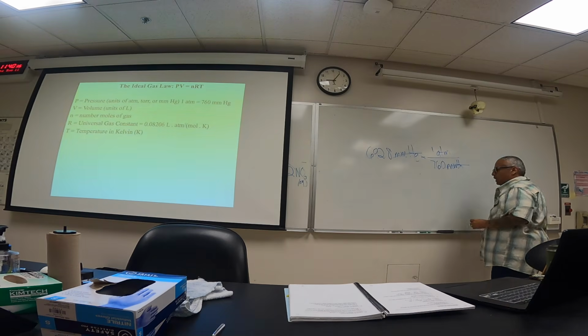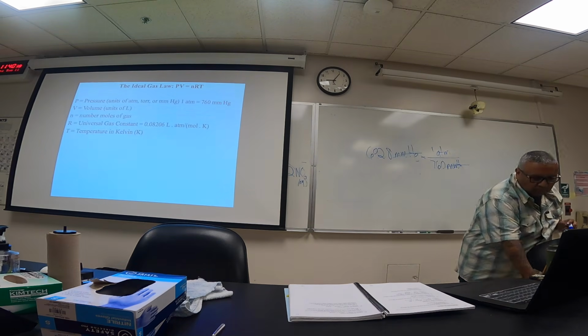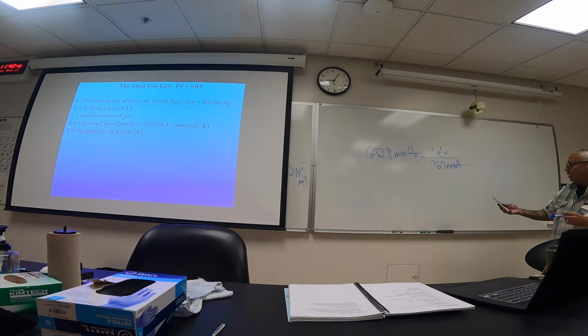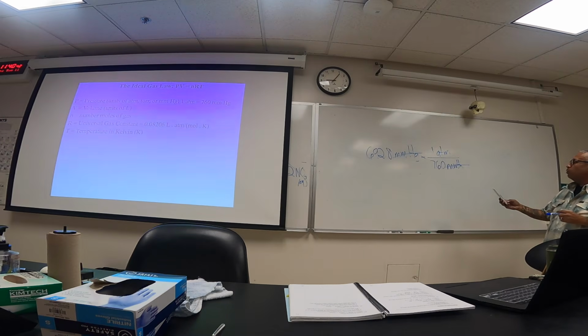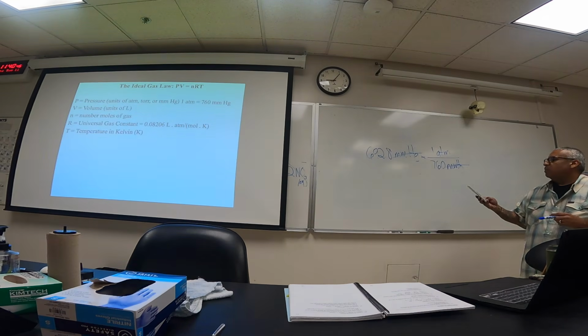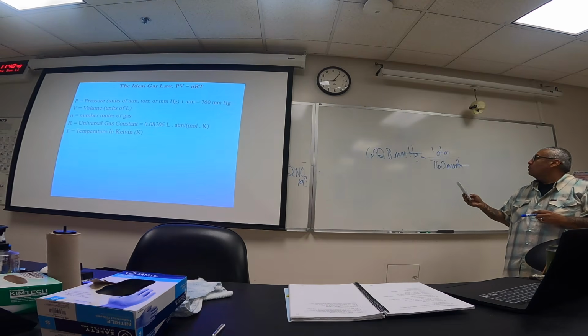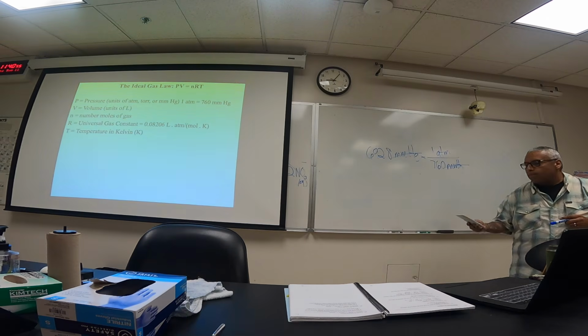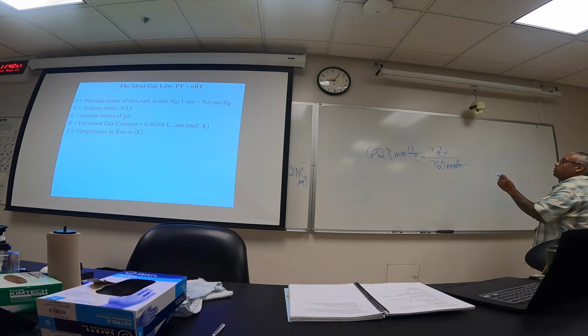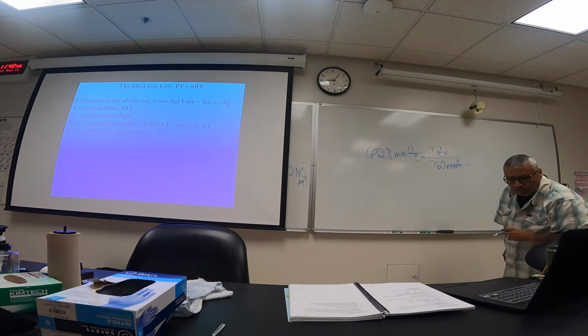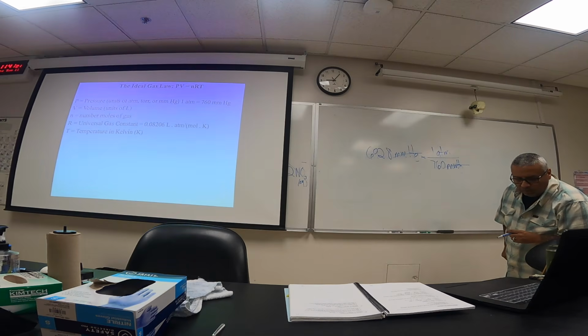This cancels this, and we can calculate 692.8 divided by 760, which is 0.9116.